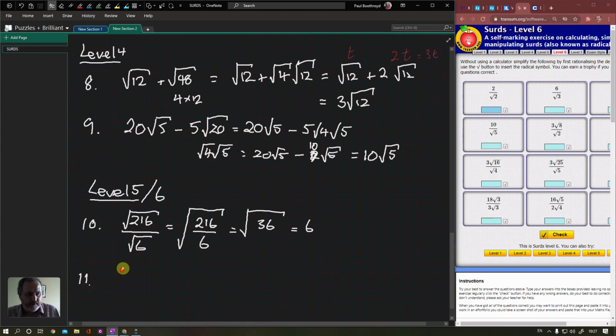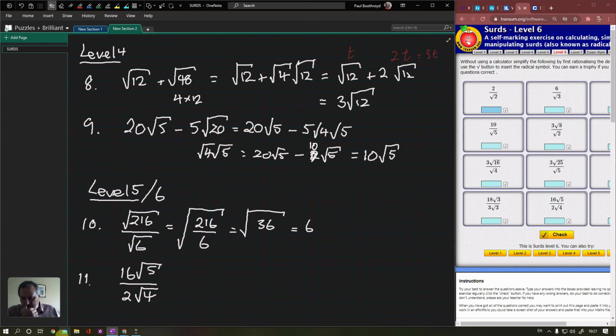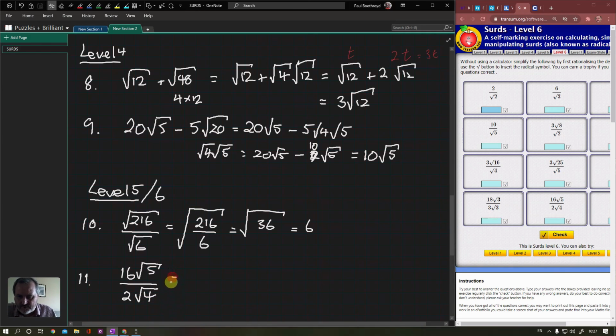Example 11. We've got 16 square root 5 to be divided by 2 square root of 4. Now that looks like the only simple thing we can do is 8 and the square root of 5 over the square root of 4. But when we come around the side, notice that 8 can also be written in terms of the square root of 4.